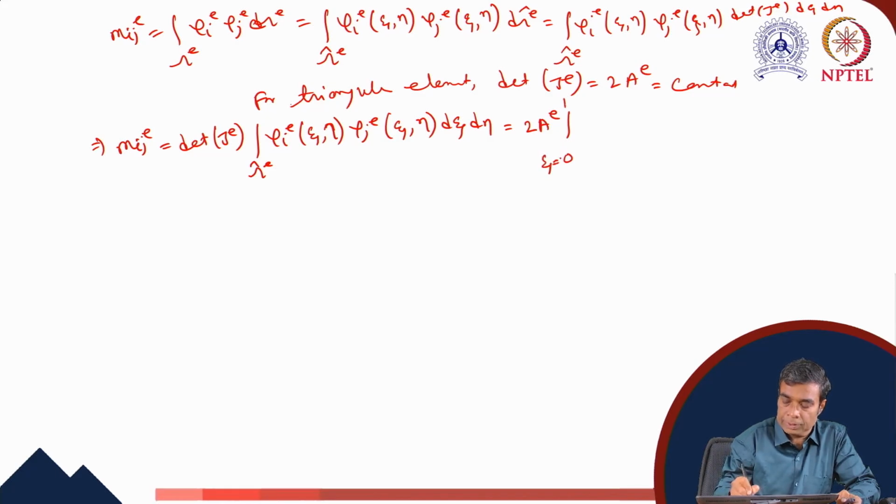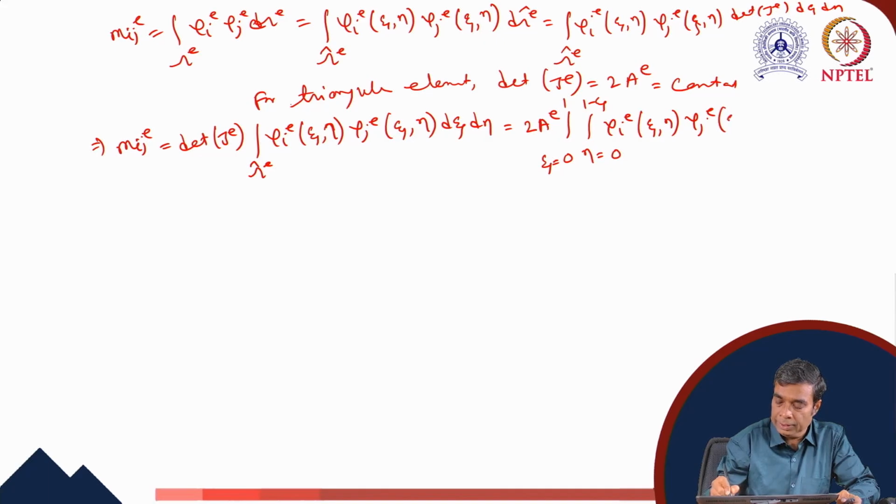This is the range of xi. The range of eta is eta equals 0 to 1 minus xi, psi i xi eta psi j xi eta d eta d xi.